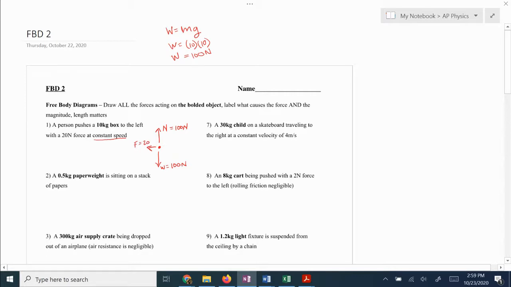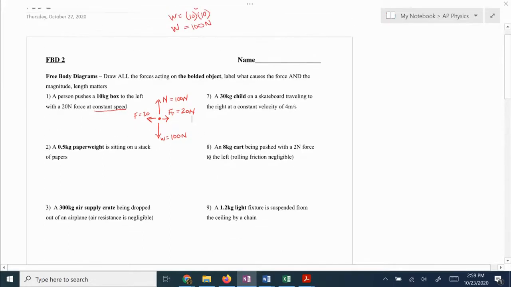And then since it's moving at a constant speed, we also need to have friction to the right. And that is also going to be 20 newtons. So the force diagram should look like that for number 1.